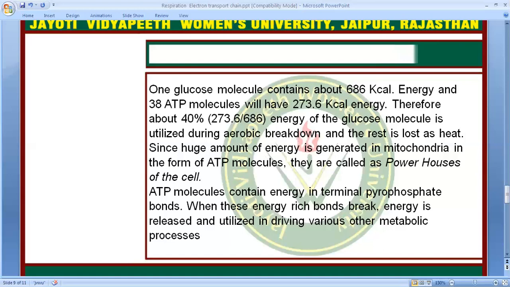Since a huge amount of energy is generated in mitochondria in the form of ATP molecules, they are also called the powerhouse of the cell. ATP molecules contain energy in terminal phosphate bonds, and when these rich bonds break, the energy is released and utilized in driving various metabolic activities.